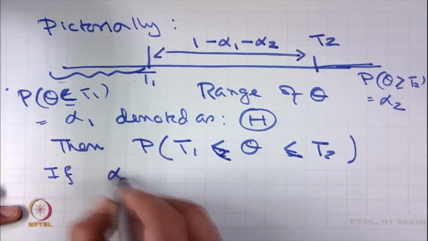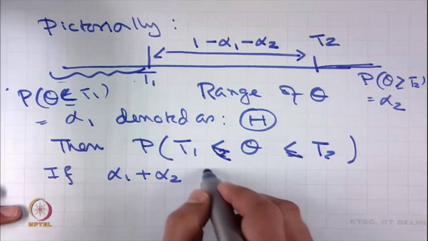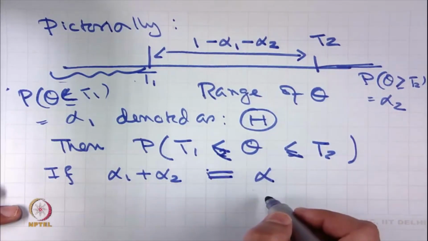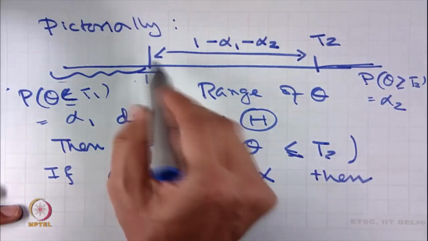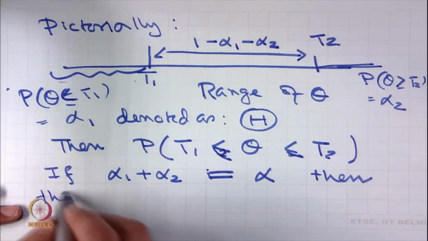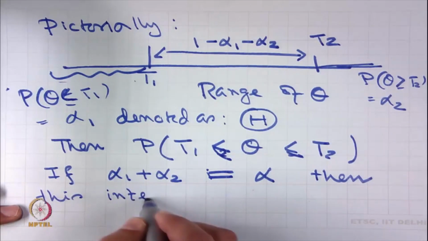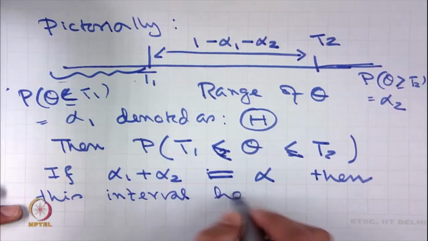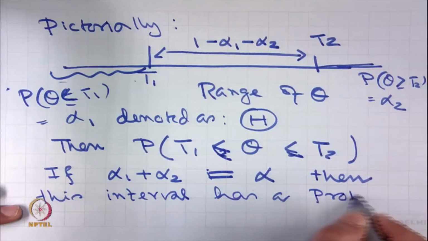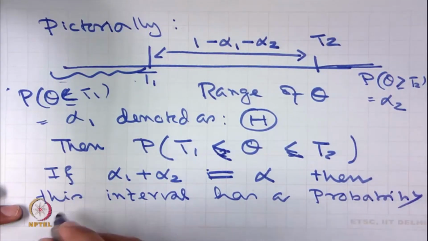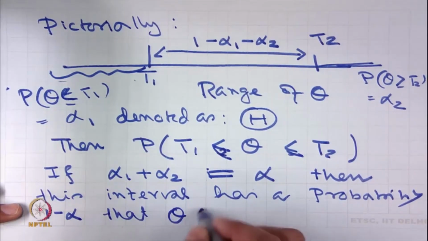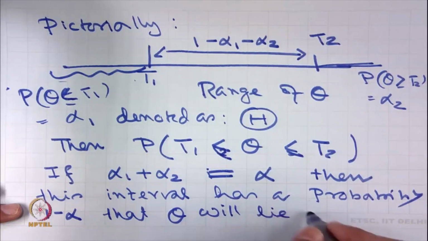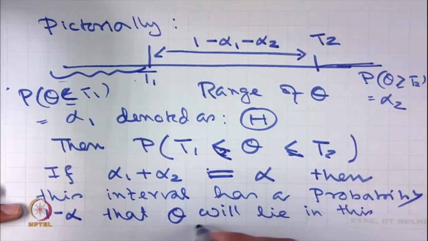If alpha 1 plus alpha 2 is equal to alpha, then this interval has a probability say 1 minus alpha that theta will lie in this interval.